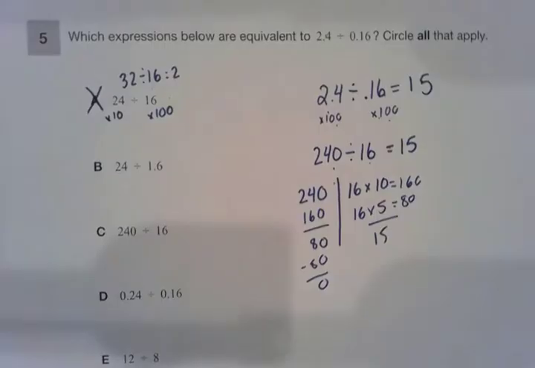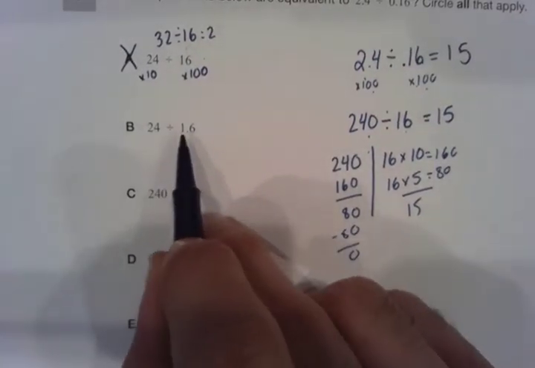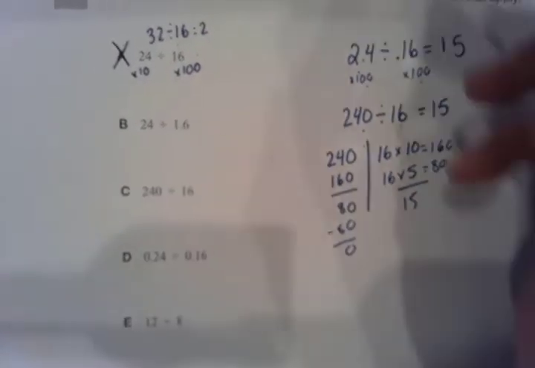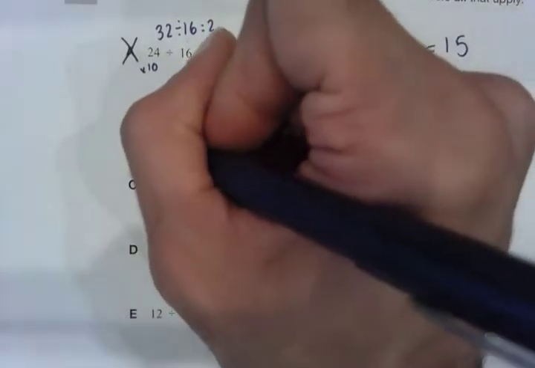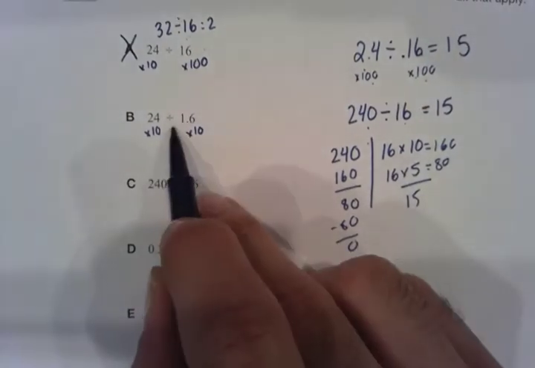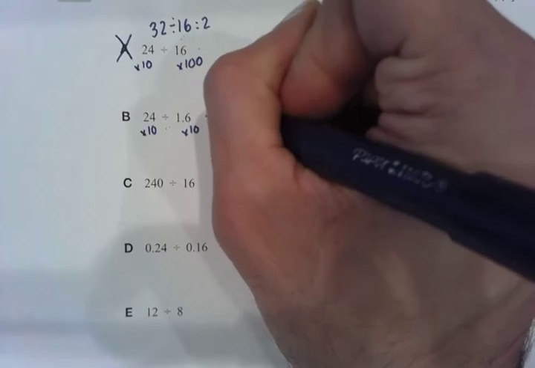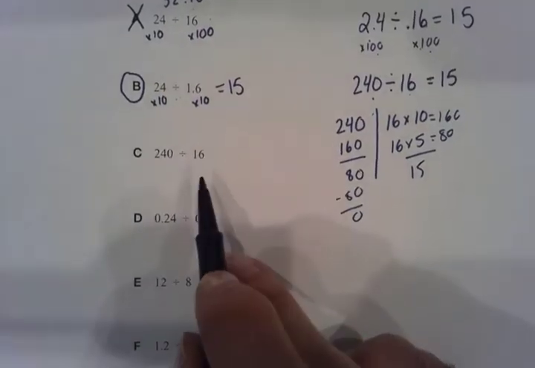So this answer is going to give us less than 2, so no way A works. So what about 24 divided by 1.6? Once again, I see here they multiplied by 10, and over here they multiplied by 10. So this expression is equivalent to this, so this will also equal 15. So B does work.